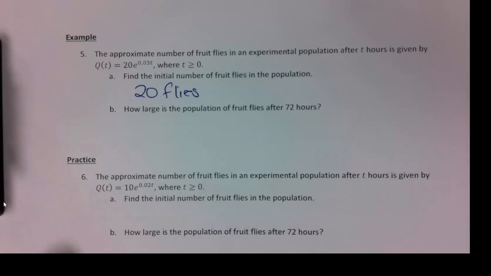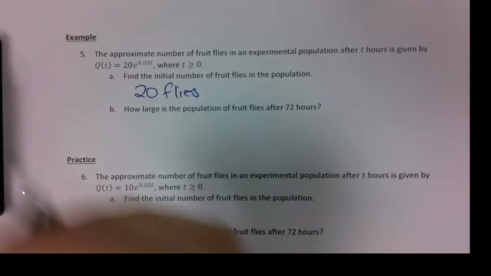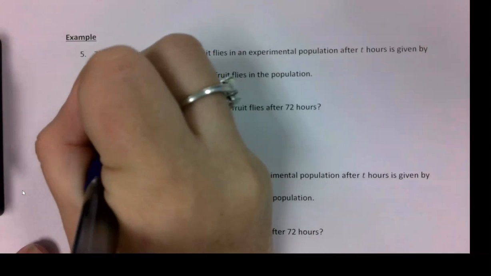B wants me to figure out how large the population is after 72 hours. So I'm going to plug in 72.